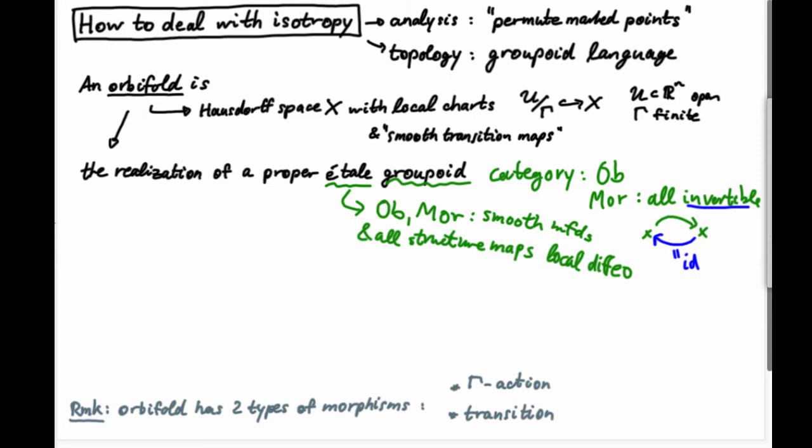So, what are the structure maps in a category? They're maps that tell you what the algebraic structure is. The most important ones are the source and the target map. If I give you a morphism, the source says what the initial point is, and the target says what the end point is. So those are maps from morphism space to the object space.